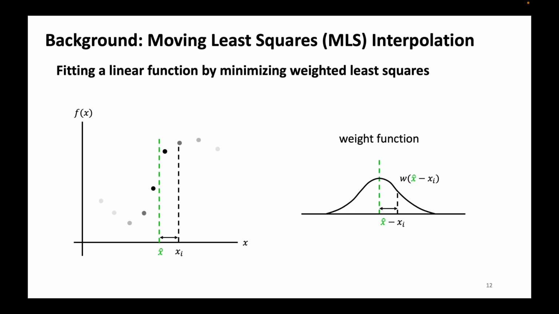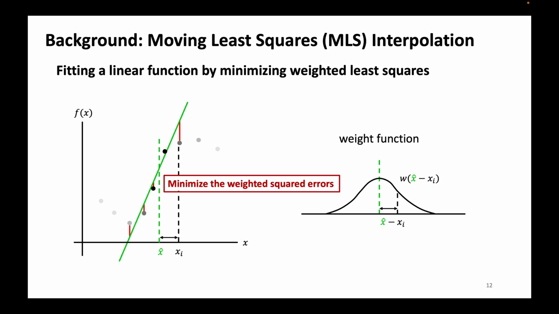In this interpolation, a weight is assigned to each data point depending on the distance from the query point to the data point. The weight values are represented as the color depth in the left figure. By minimizing the summation of weighted least squares, the fitting is completed. Then we get the interpolated value as the point on the fitting function.